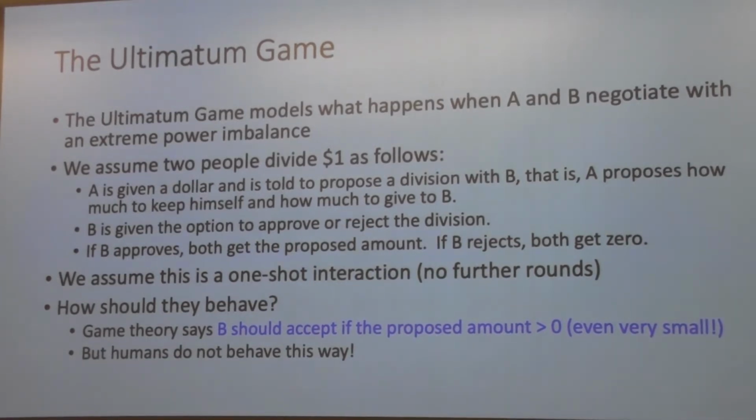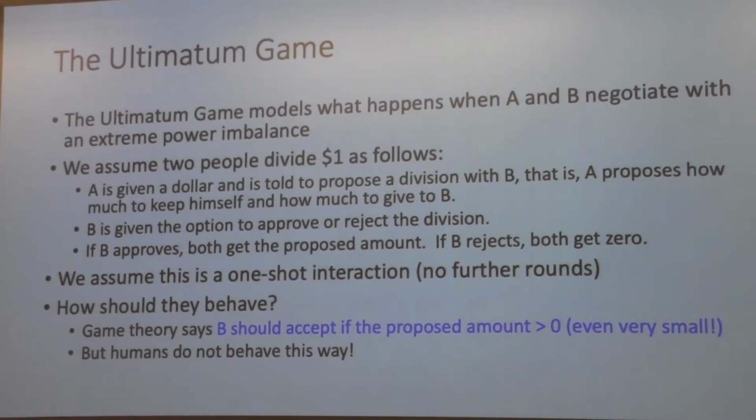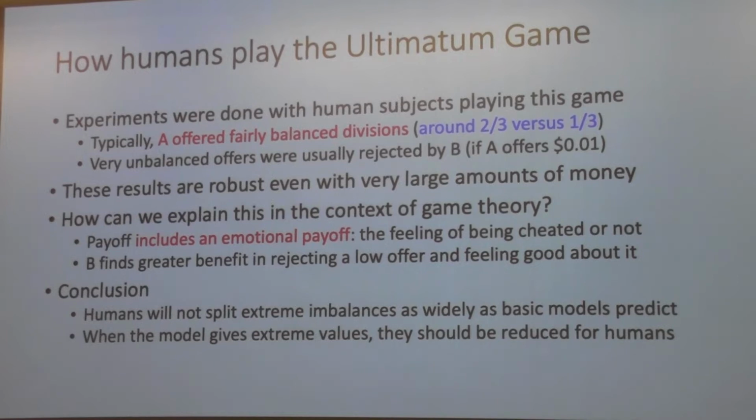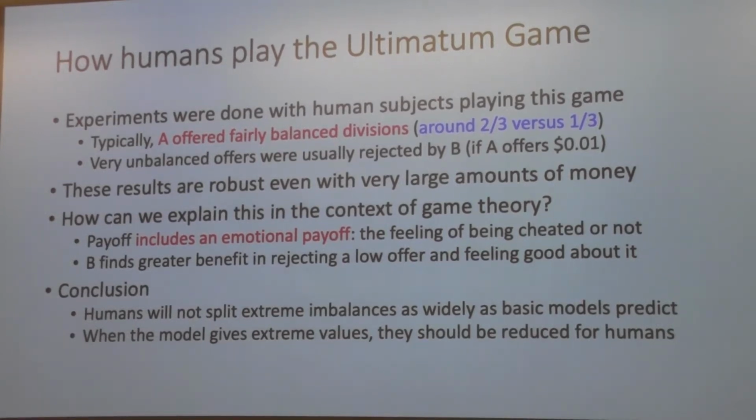But humans are not like that. This is something where human behavior goes beyond game theory. In human subjects, if you don't give B a reasonable amount, B will feel very, very insulted. And B will not accept. B will take the loss because there will be a moral victory.